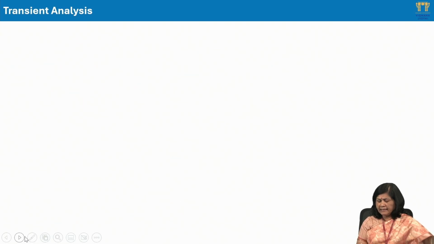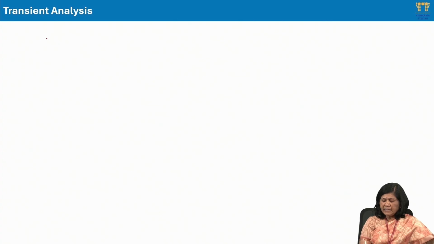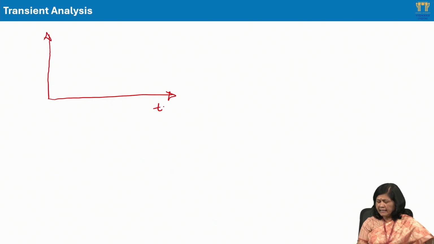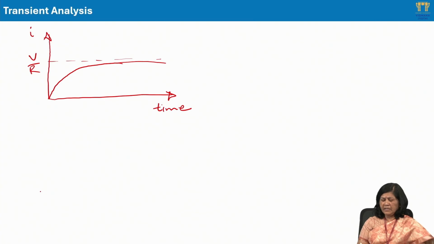Now if I plot this characteristic with respect to time, this is time and this is my current response i, I find that current reaches the peak value V by R. So the current shows an exponentially increasing nature and reaches the steady state like this. This is my response i of t.